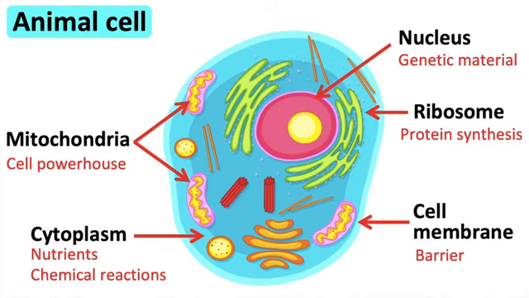Now we have learned the basic structure of animal cells. It's important to remember that not all animal cells look the same. The reason for this is because animal cells are specialized for their functions. For example, red blood cells. These cells have a biconcave shape and no nucleus.